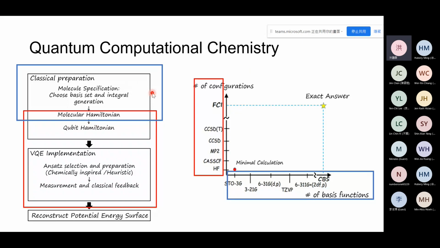We can dive into which two orbitals have more correlation and are more important, and use them to select and put into our molecular Hamiltonian and map into a qubit Hamiltonian. So the classical part can also apply the quantum information toolbox.